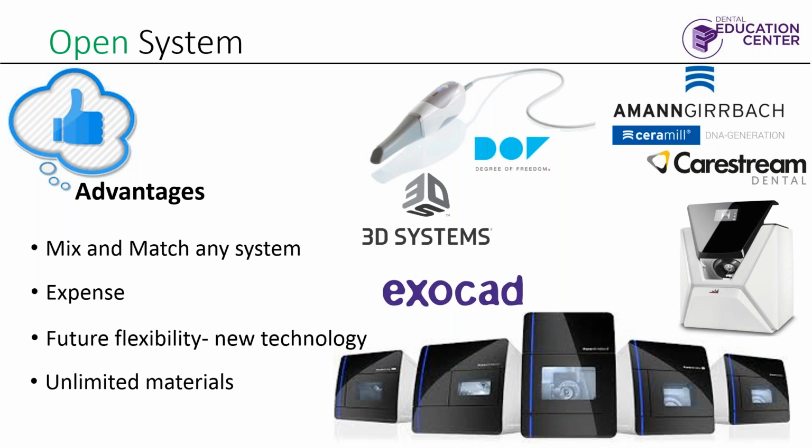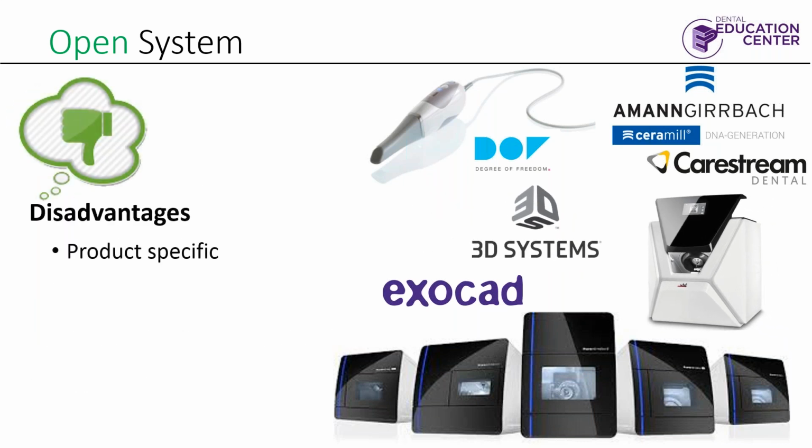Unlimited materials. I hate saying unlimited and it does everything, but you'll find a lot of the equipment that we're going to talk about today, when a new material comes out, it doesn't have to be validated. A lot of times you can just plug it into your system and try it, start using it, which is really nice. Some of the disadvantages, it's product specific.